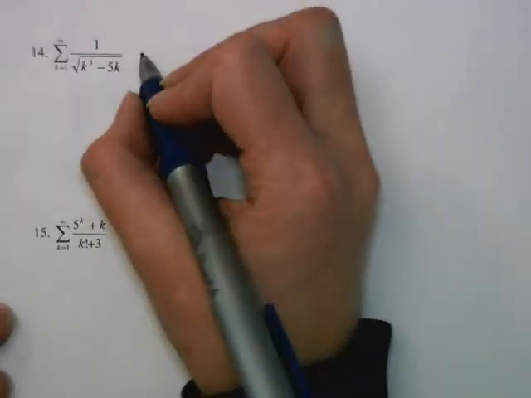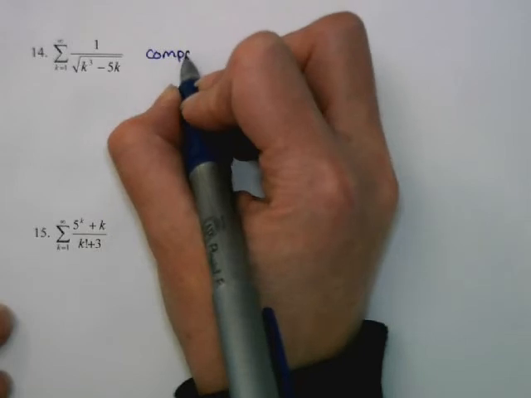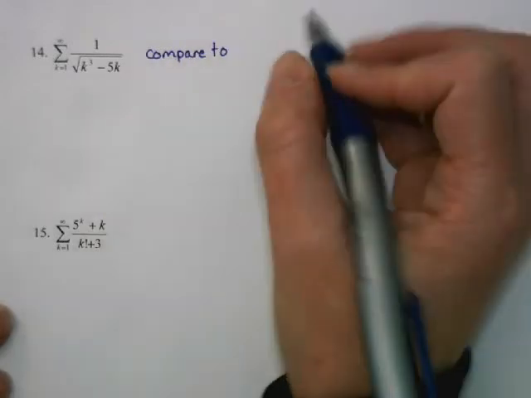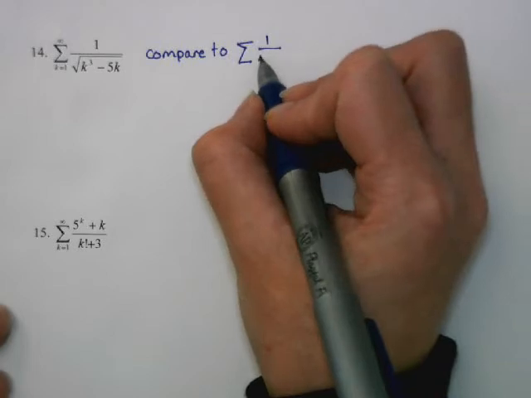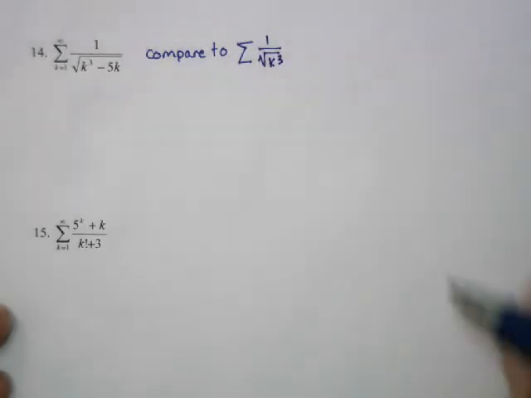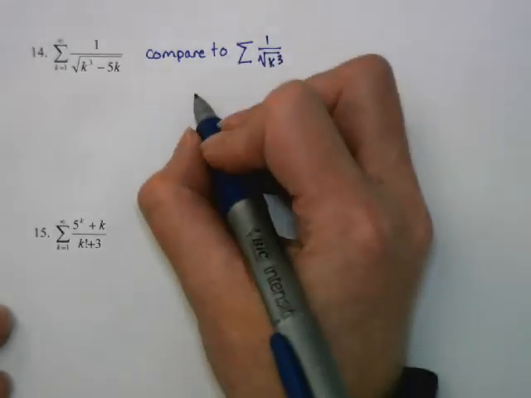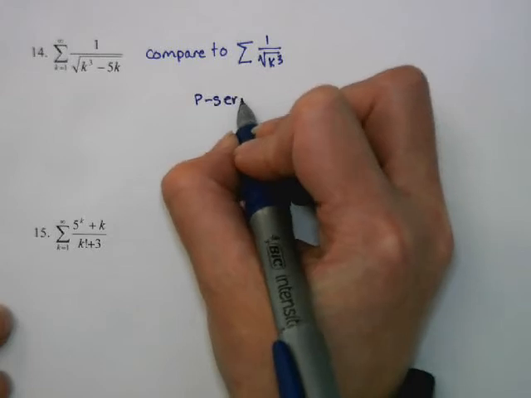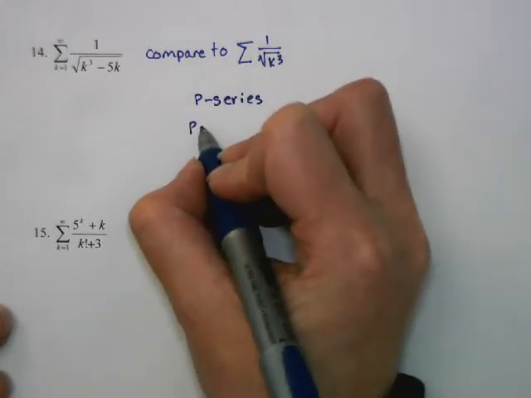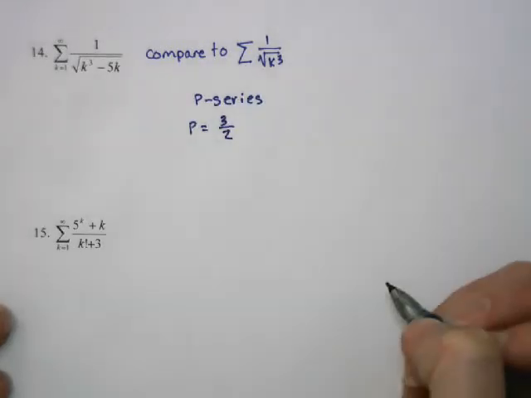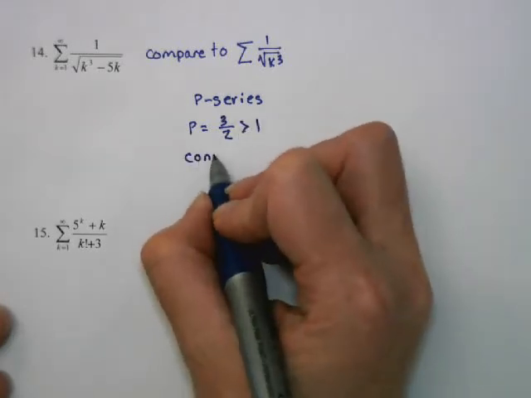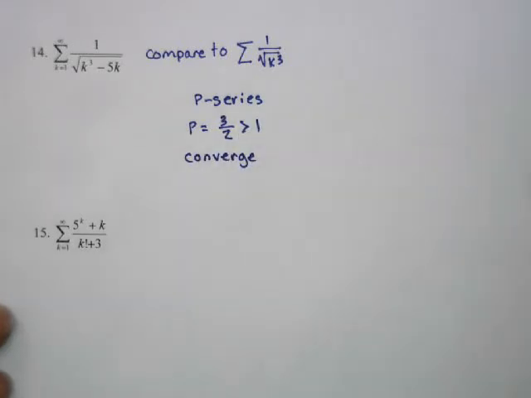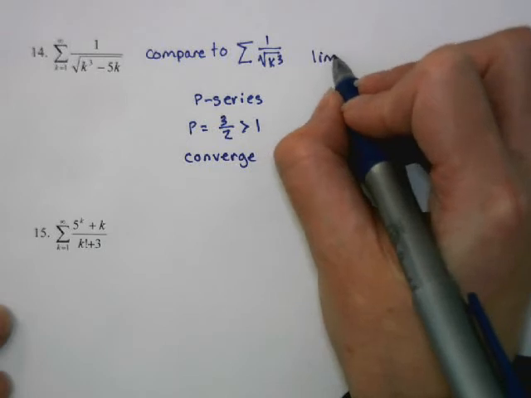Okay, just a few more examples. I'm going to compare this one to 1 over the square root of k cubed. This is going to be a p-series with p equaling 3 over 2, which is bigger than 1. So this will converge.